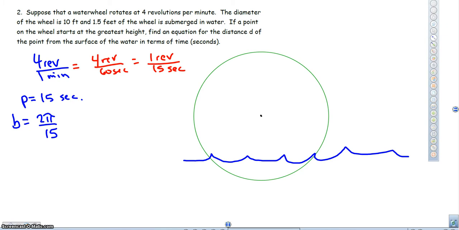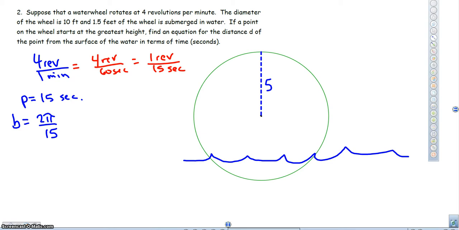Alright, so now let's look at the other information. The diameter is 10, so I am going to put in the radius. That radius will be 5. And then it says that it's 1.5 feet submerged in water.